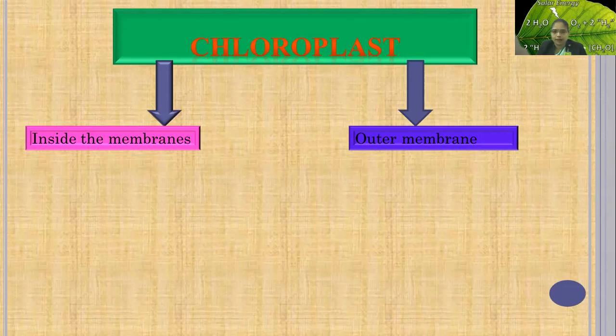The internal space of each thylakoid wall has ultramembranous particles known as quantosomes. First, the function of grana: ATP and NADPH2 are produced in the presence of light.